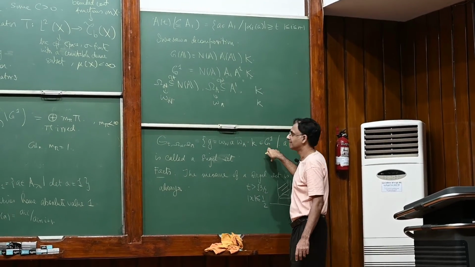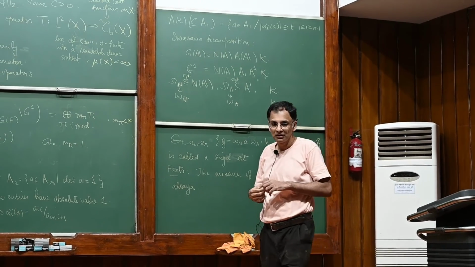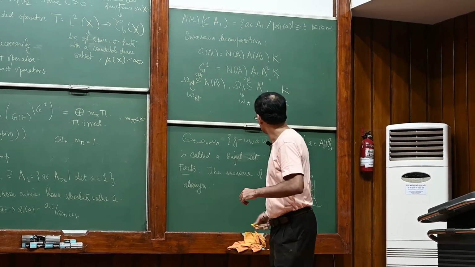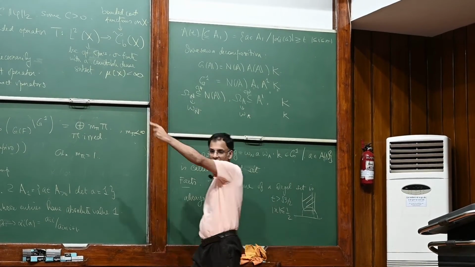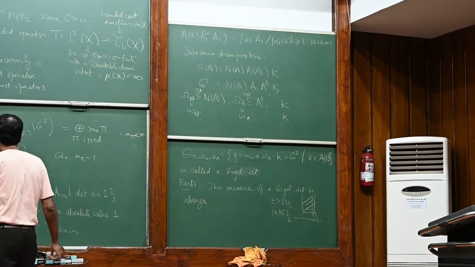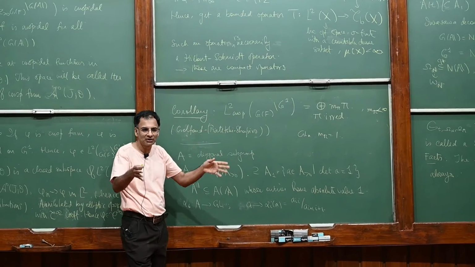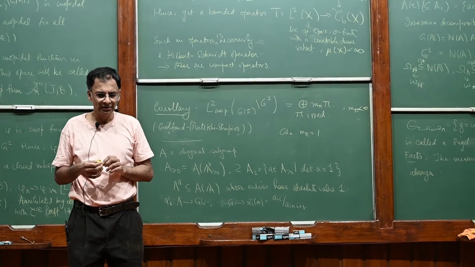So this is the diagonal part. So this is A1, right? Just the diagonal entries, but they have absolute value 1. Basically, it takes care of the center.